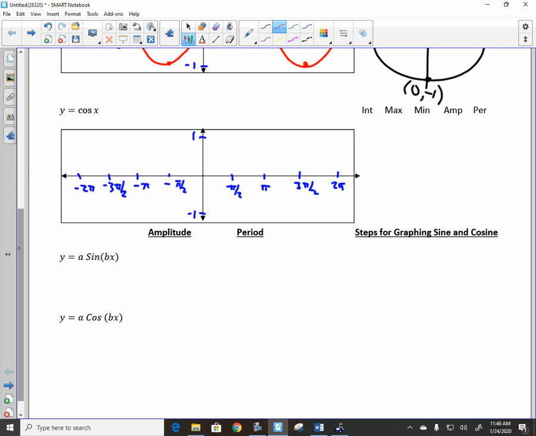So cosine starts up here at 1. Where does it go after that? Down to 0, goes through its cycle.